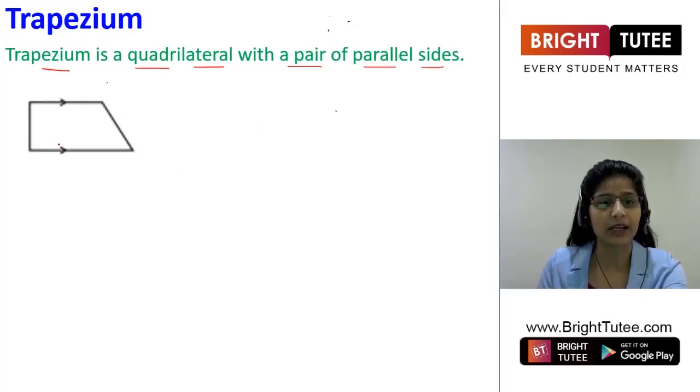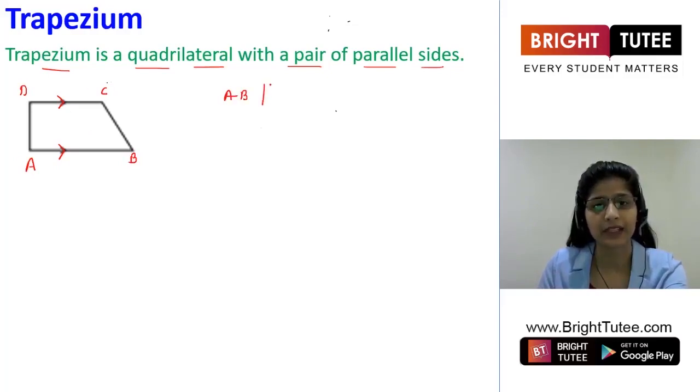This arrow mark, as it is drawn on these two sides, shows the parallelism between these two lines. If I name it as A, B, C and D, we say that AB is parallel to, this is the symbol for parallel to, DC. So AB is parallel to DC.